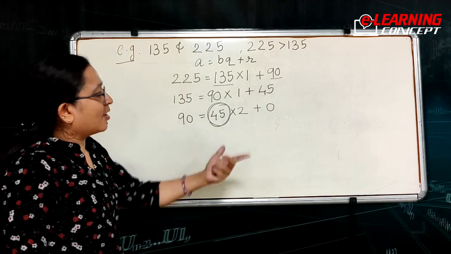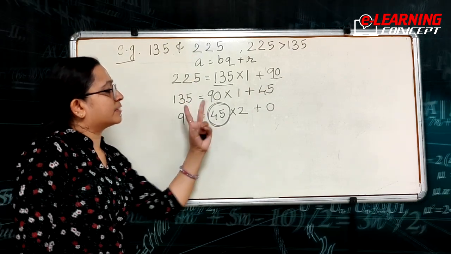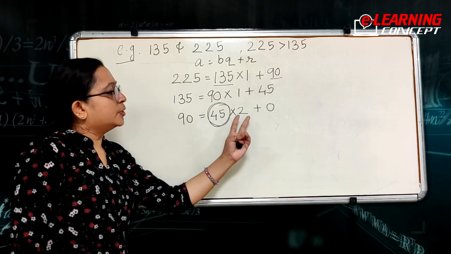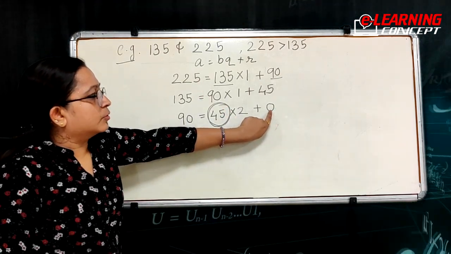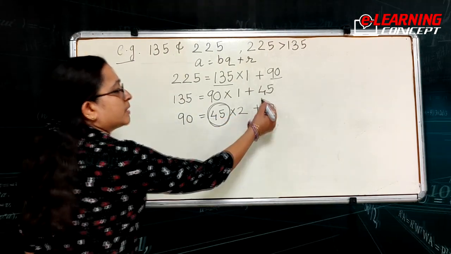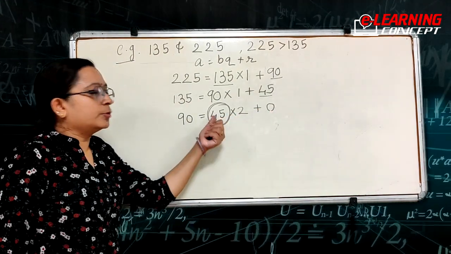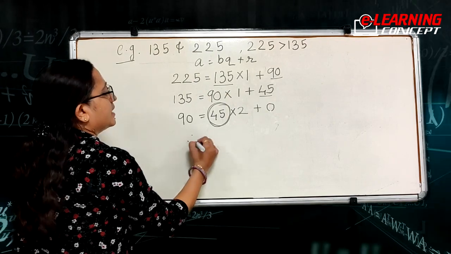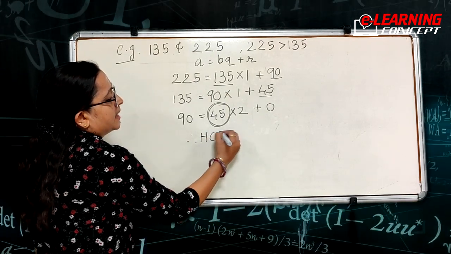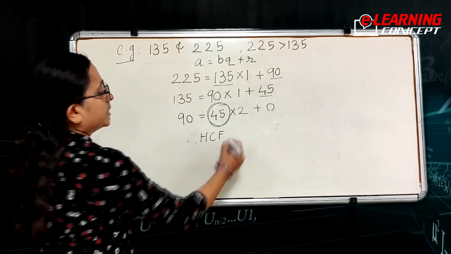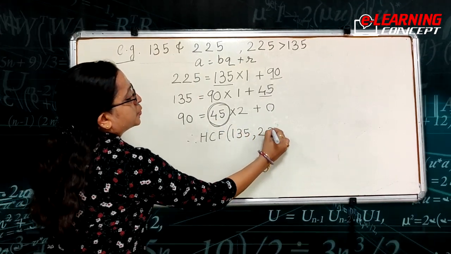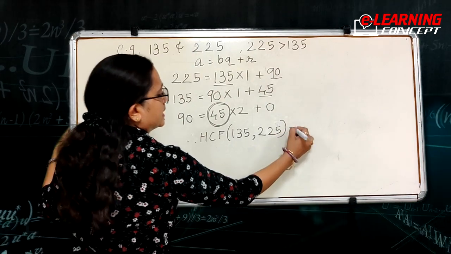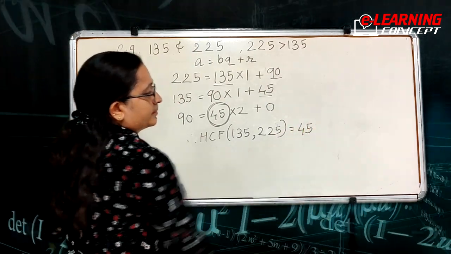If you are getting confused whether 45 is the HCF or 2 is the HCF, then remember, when you get the last remainder 0, just above that, whatever you are getting as divisor, that would be the HCF. So you can write, therefore, HCF of given two numbers 135 and 225 is 45.